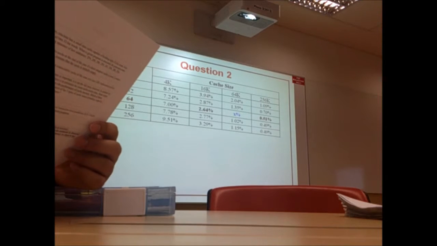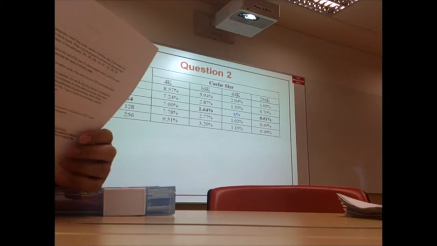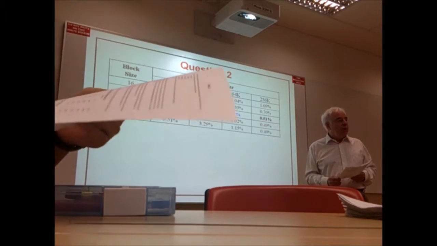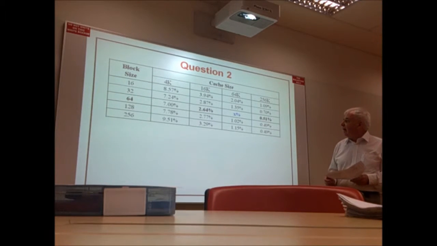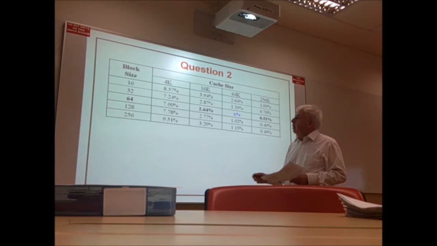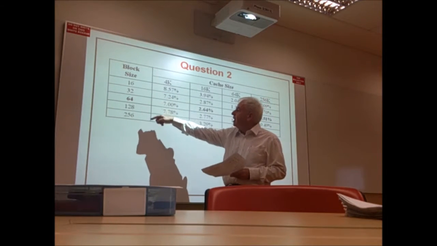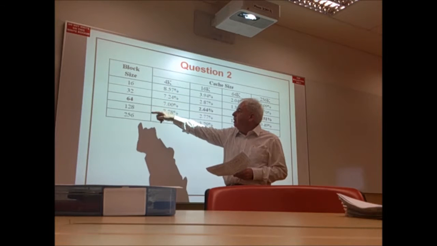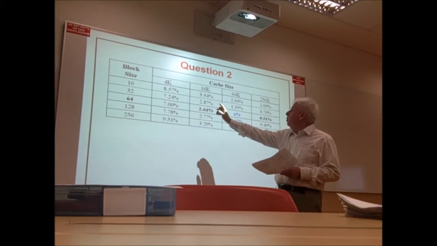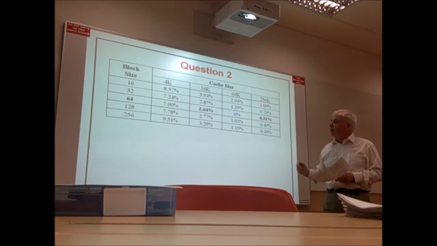Okay, so question number 2, we're given 2 tables. The first table is a table of cache misses in terms of percentages. And this is given for different block sizes or different cache line sizes and also different cache sizes.